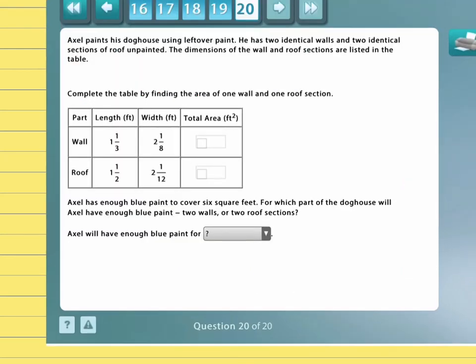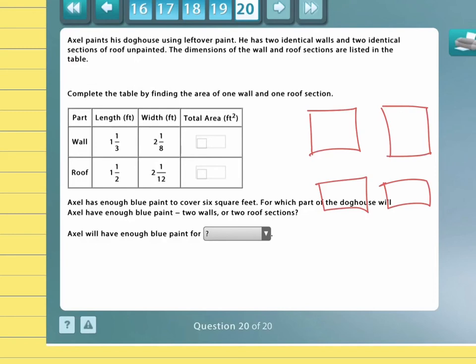Axel's going to paint his doghouse using leftover paint. He has 2 identical walls, so I'm going to definitely draw pictures here to represent the 2 walls and 2 identical roof sections. So let me draw 2 roof sections. The dimensions of the walls and roof are listed below. Each wall is 1 1/3 by 2 1/8.